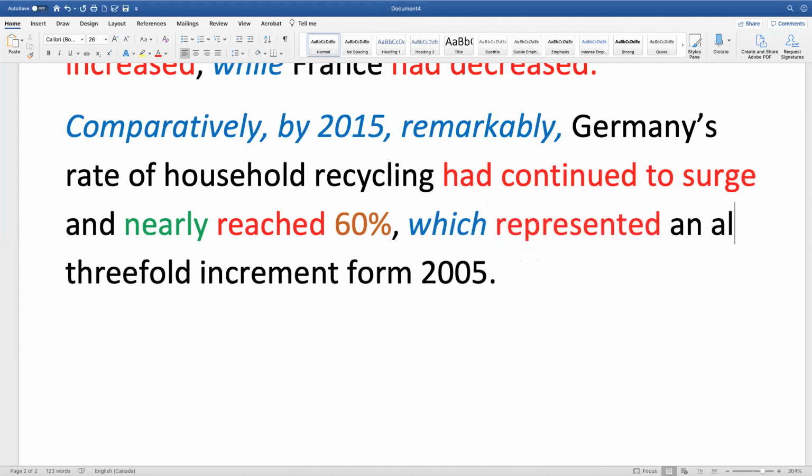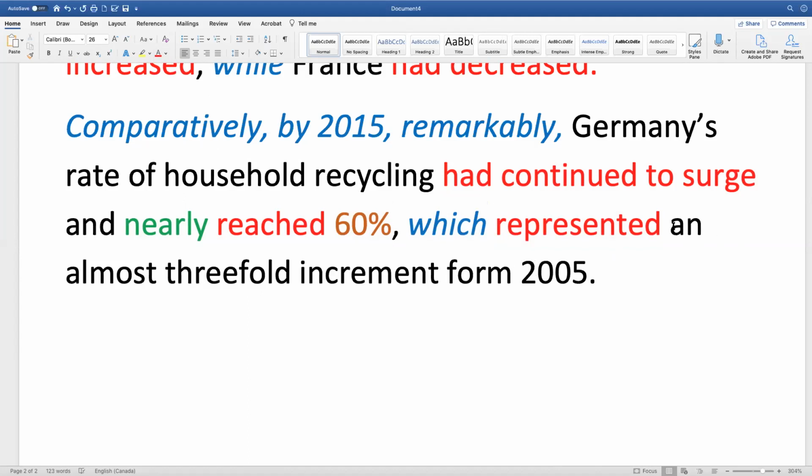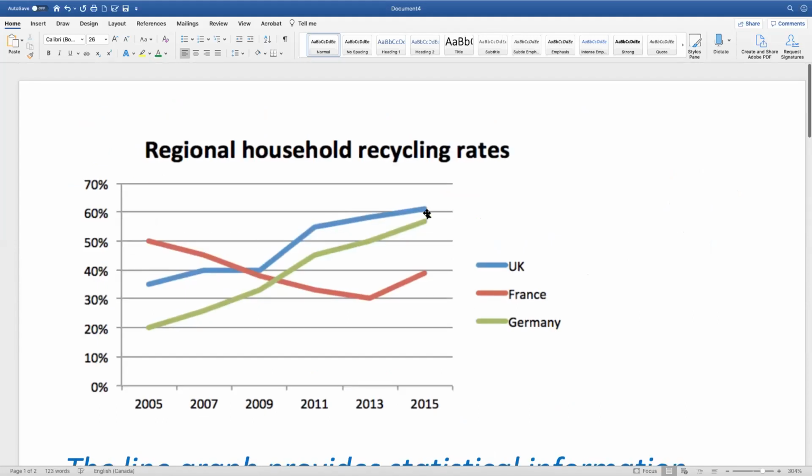I don't like that. And almost threefold increment from 2005. So you see, I said it nearly reached 60%, as you can see up here, almost 60, which is almost threefold. Right, Andrew? Got me?